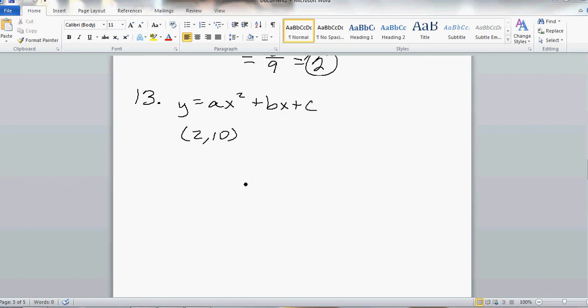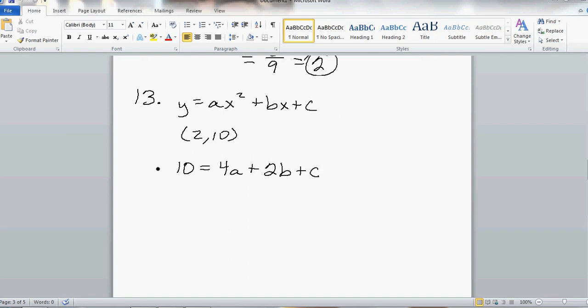If it passes through the point 2, 10, that means if I plug in 2 wherever I see an x, and plug in 10 wherever I see a y, that will give me some information. So let's go ahead and do that. I get 10 equals, well, 2 squared is 4, so that becomes 4a plus 2b plus c.